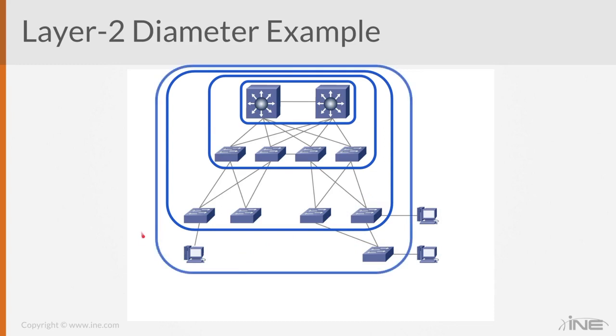Now, if we include this little guy here, that's a diameter of 4. So we're not consistent across all our network devices here. So previously, when we said the diameter must be the same, it must be retained. So this little guy here should be moved into the next one.